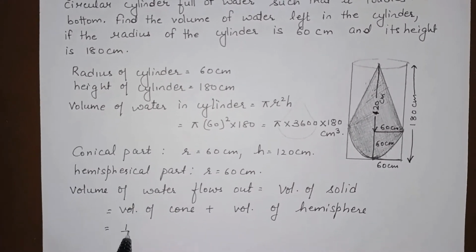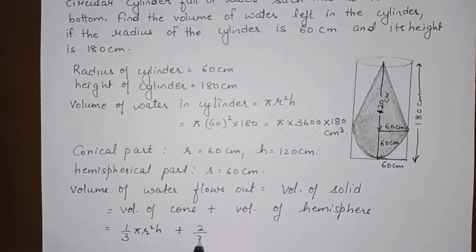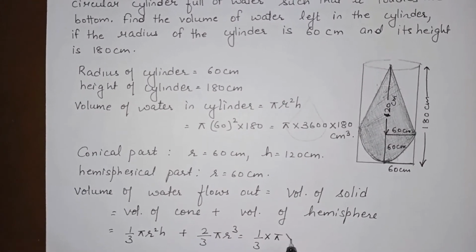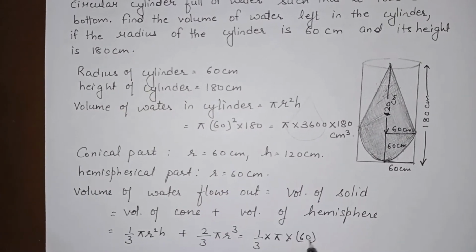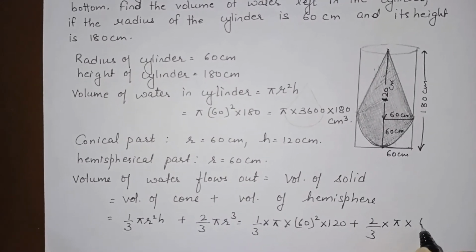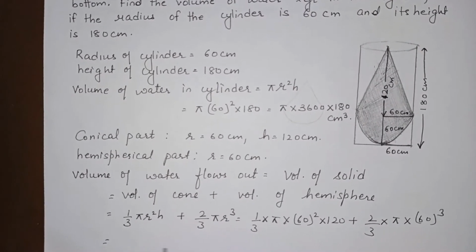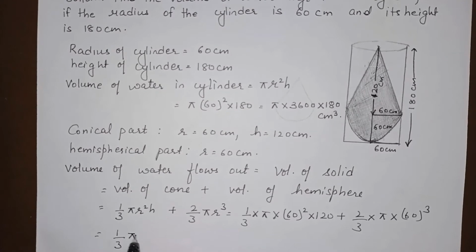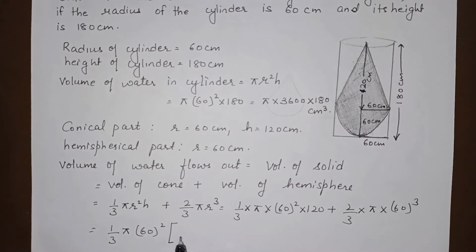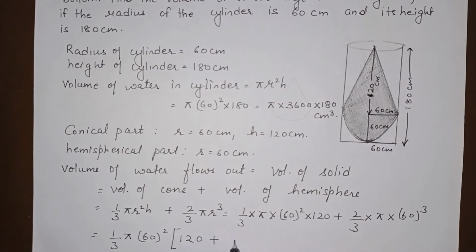The formula for the volume of a cone is 1 by 3 pi r square h and the volume of a hemisphere is 2 by 3 pi r cube. So this is 1 by 3 into pi into 60 square into 120 plus 2 by 3 into pi into 60 cube. So let us take 1 by 3 pi and 60 square common. From this part 120 is left. From this part we have taken 1 by 3 common, so 2 is left.